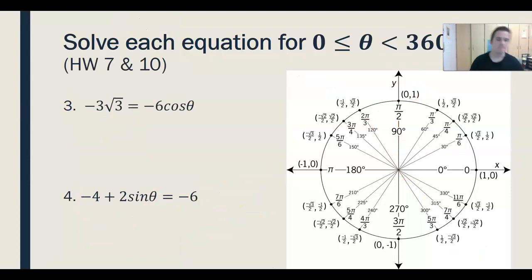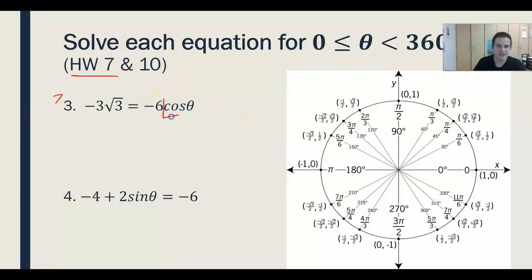Okay, here's a couple of the problems on your homework that I wanted to go over. It says solve each equation for an angle between 0 and 360 degrees. So that just means I want your answer to be in degrees. Okay, so this is homework number 7 on your homework. It says negative 3 times the square root of 3 equals negative 6 times the cosine of theta.